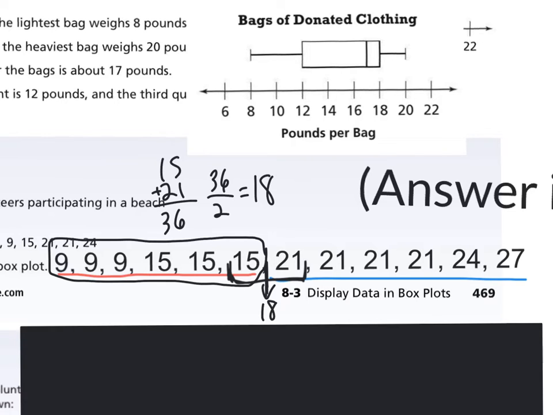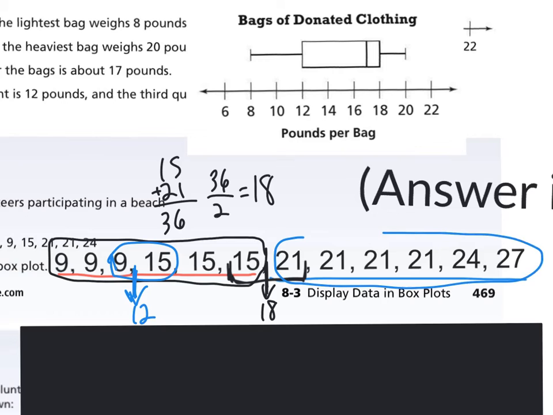So 6 numbers again, we have 2 middle numbers, which would be the 9 and the 15. So if you average those out, if you add those together would be 24, and then divide by 2 would be 12.